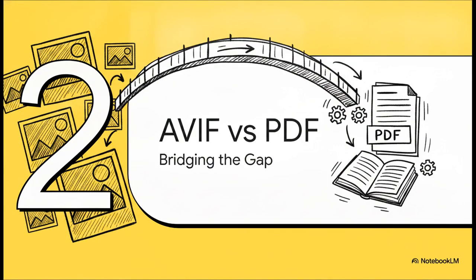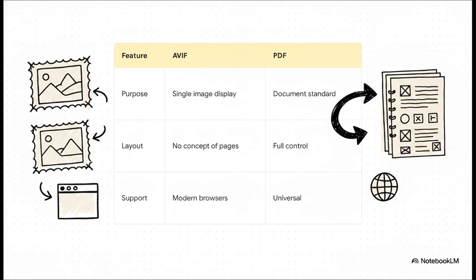Moving on to Section 2, AVIF versus PDF. And this brilliantly illustrates the real issue. AVIF and PDF just have completely different life goals. AVIF is designed purely for hyper-efficient single-image display. It has absolutely no concept of pages or margins or anything like that. It's just raw visual data packed down as tightly as possible.